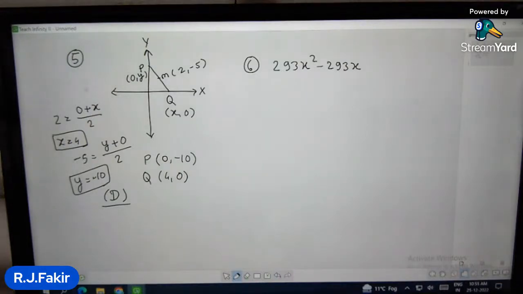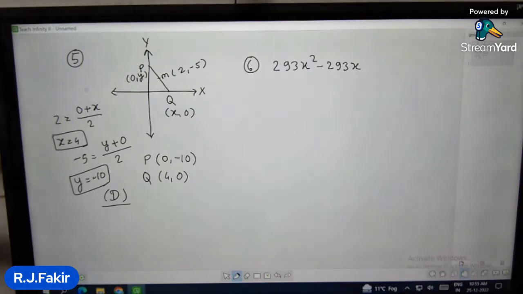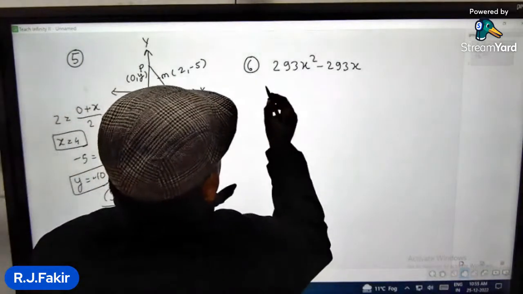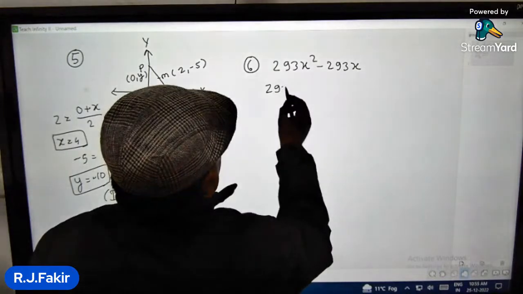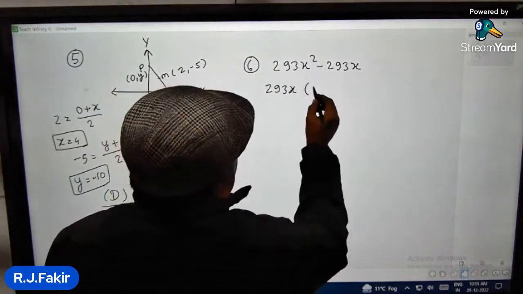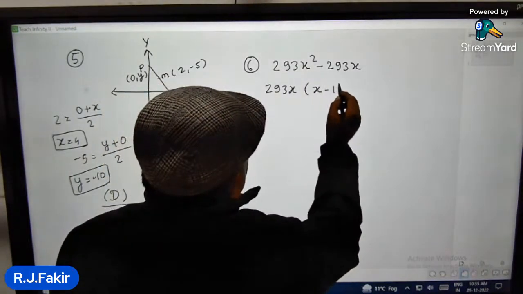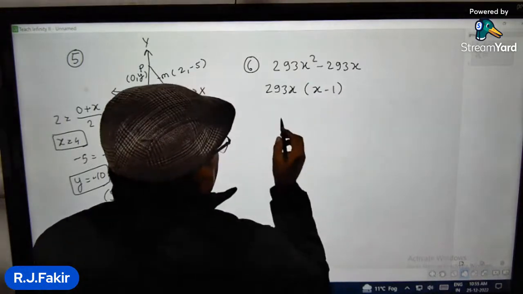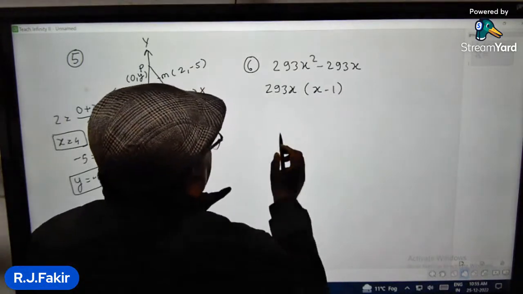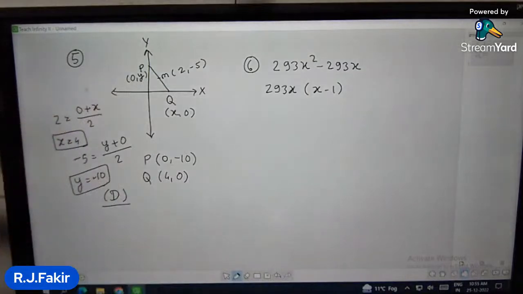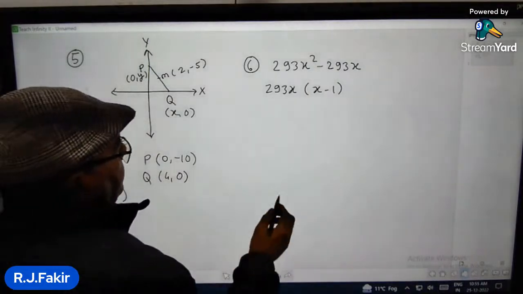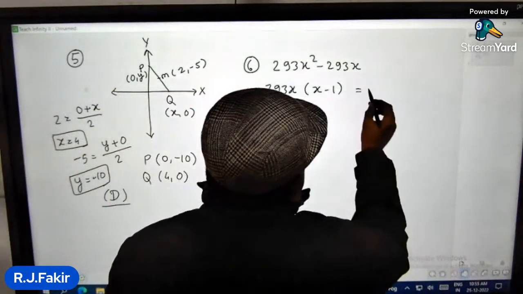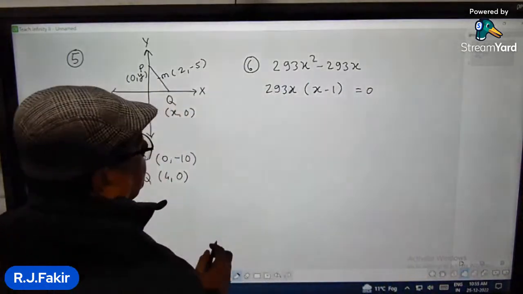So in this one, you can easily factorize this. 293x will be common and x minus 1. And if I want to find the zeros, if I put it equal to 0, so what will happen?